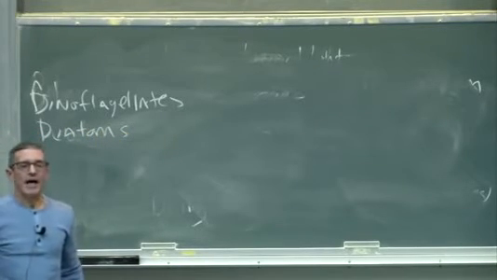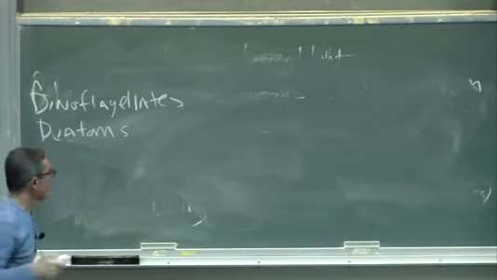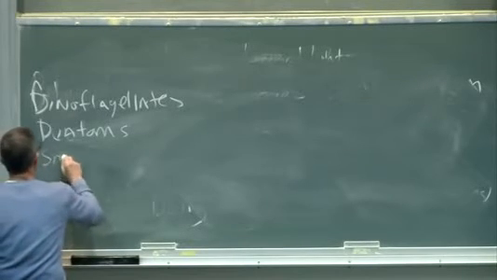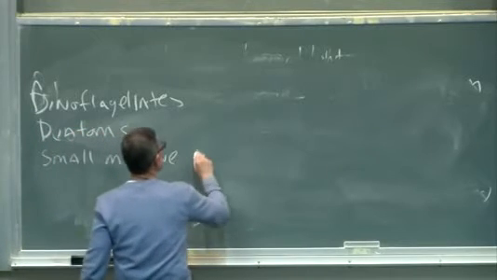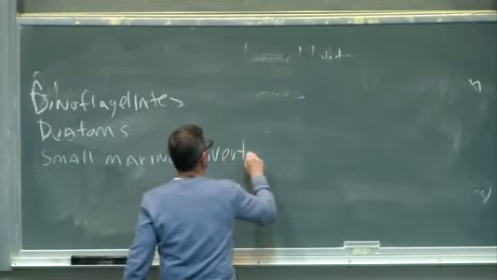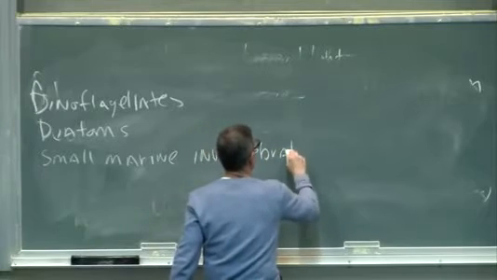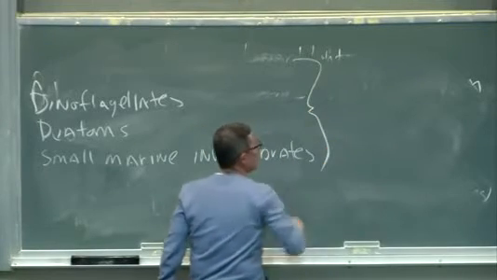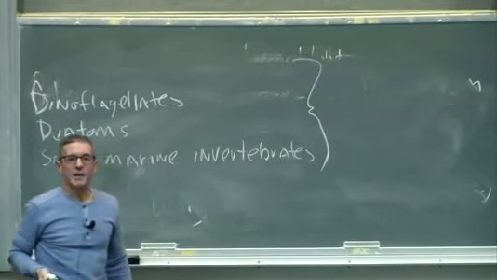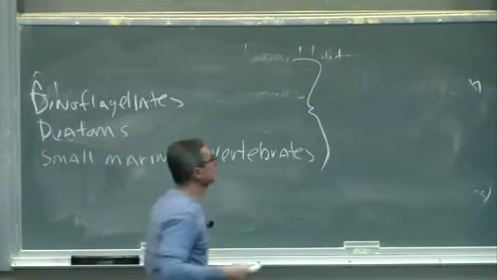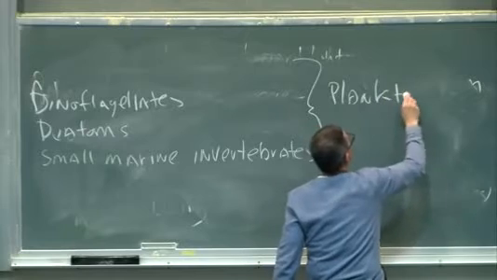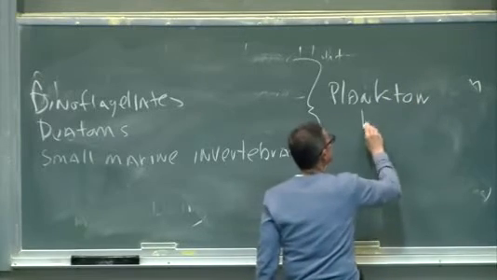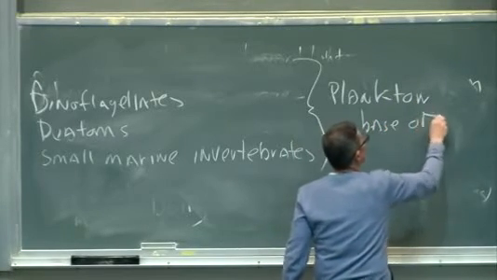If you add a third group to this, that is the small marine invertebrates, together, if we put all these together, these make up the plankton in the ocean. They are the base of the food chain.